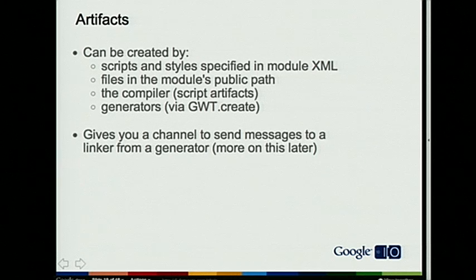Another cool thing about generators and artifacts is that once you start getting into writing really advanced linkers and generators, you can use artifacts as a way to pass messages from your generator to your linker, because every artifact that your generator creates is passed down from the compiler through the linker chain, and every linker has a chance to look at it.